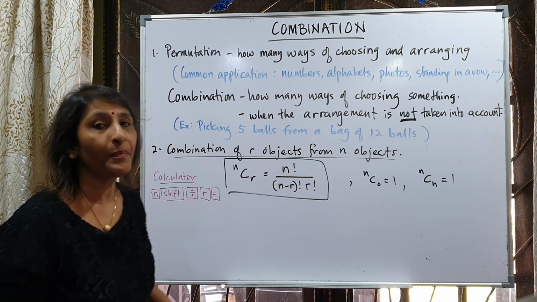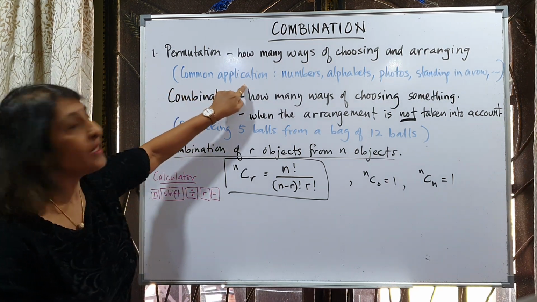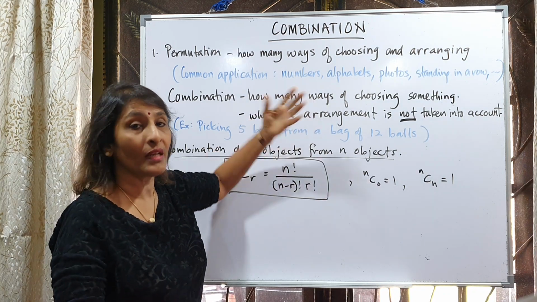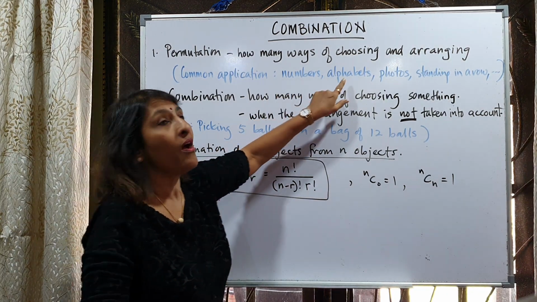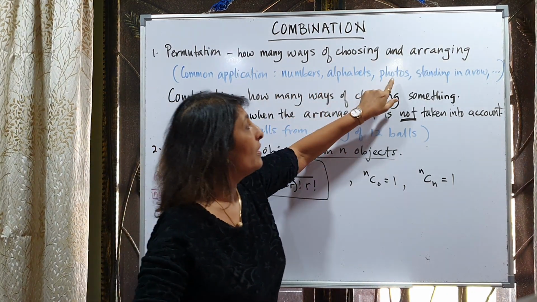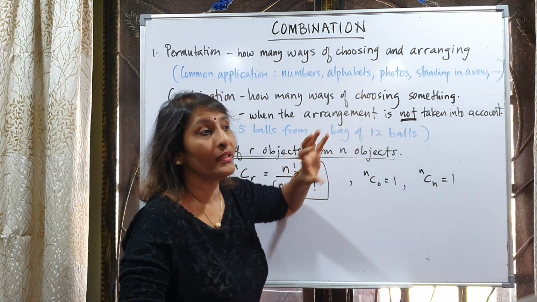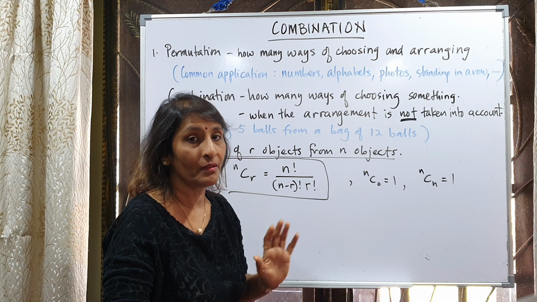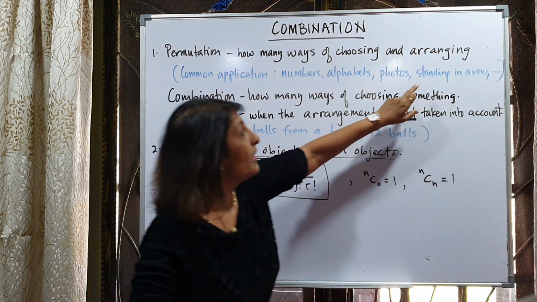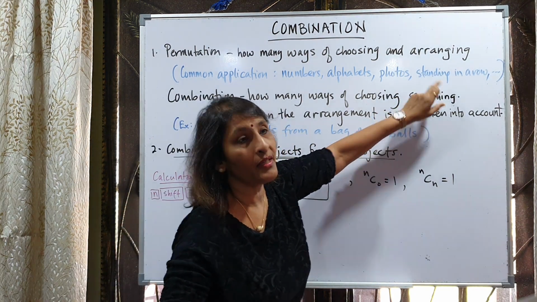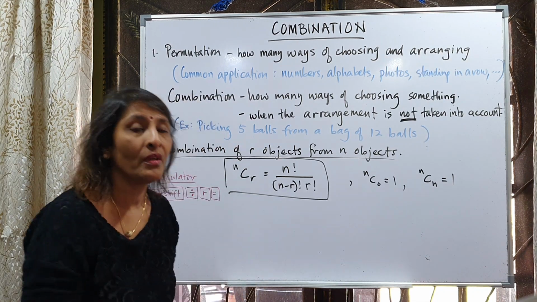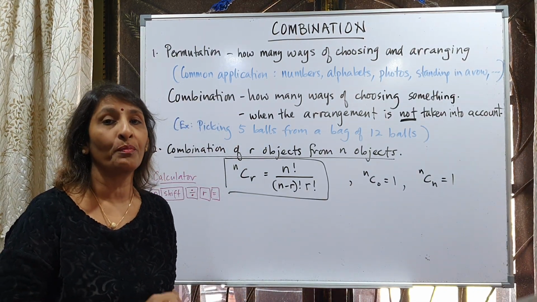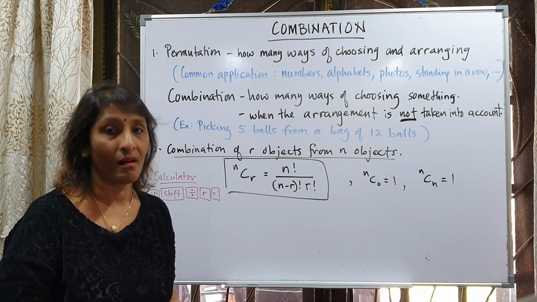Examples for permutation: common applications are whenever you see numbers, alphabets, photos, because when a person is sitting in a different position, the photo is a different photo altogether. Standing in a row or sitting in a row, all those things where the arrangement is important, you choose to do permutation, NPR.